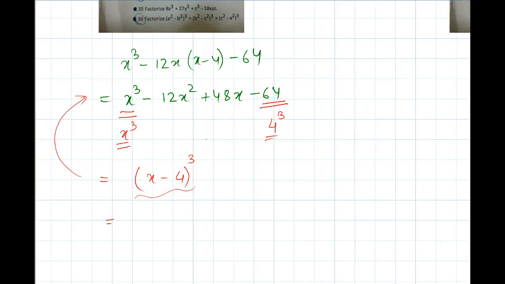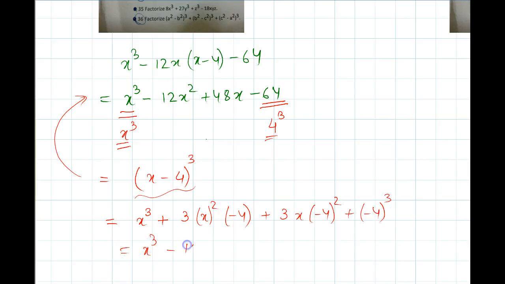Let's see what this would be equal to. This would be equal to x cube, fair enough, plus 3 into x square into minus 4 plus 3x into minus 4 whole square plus minus 4 whole cube. What is this equal to?